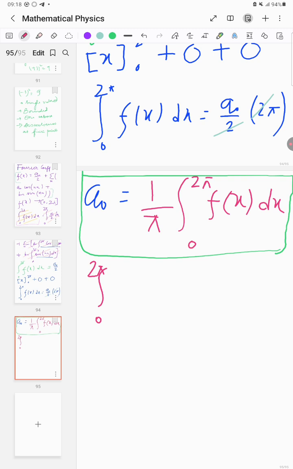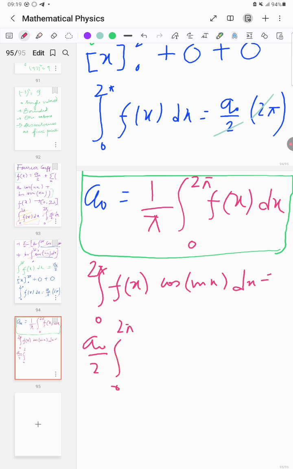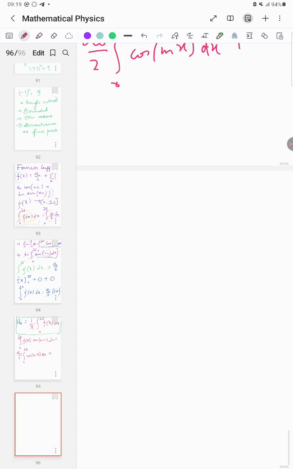So keeping this in mind, let us multiply cos mx on the left hand side, similarly cos mx on the right hand side, and this cos mx will appear in every term of the right hand side.